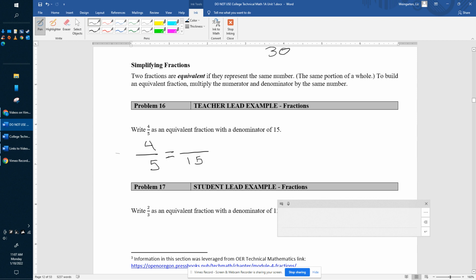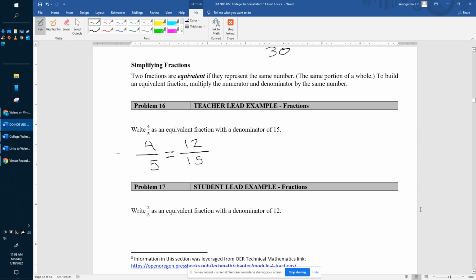How many 5s are in the 15? There are 3. So if there are 3 5s, then we have to have 3 4s up top. So 4 plus 4 plus 4, or 4 times 3, is going to be 12. And that is our equivalent fraction.